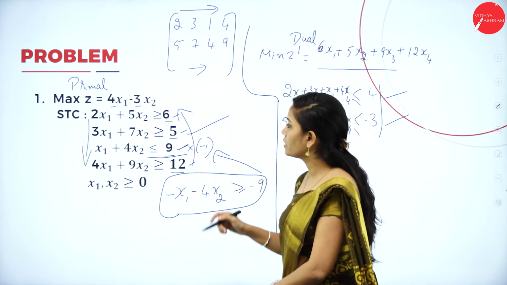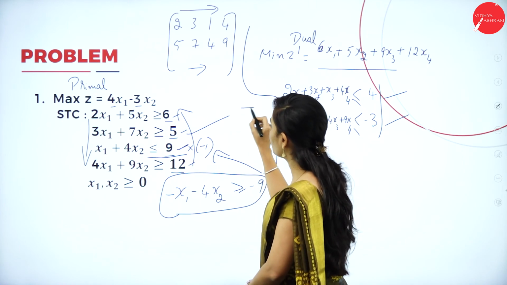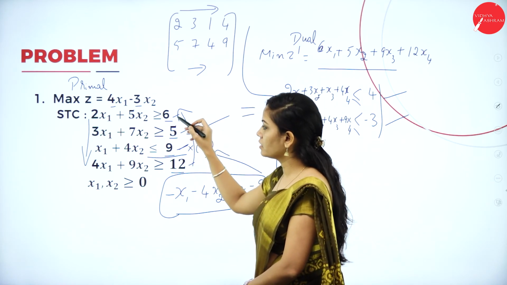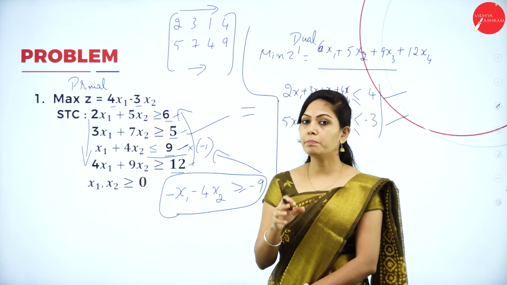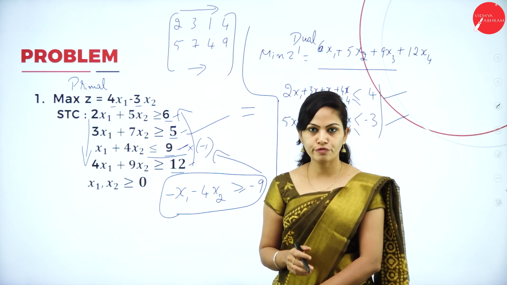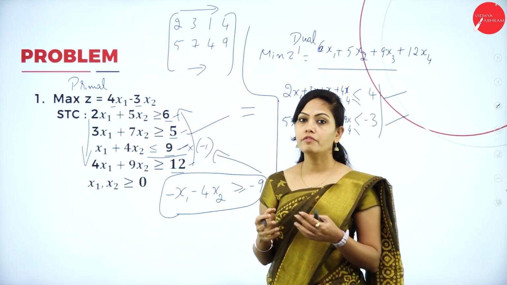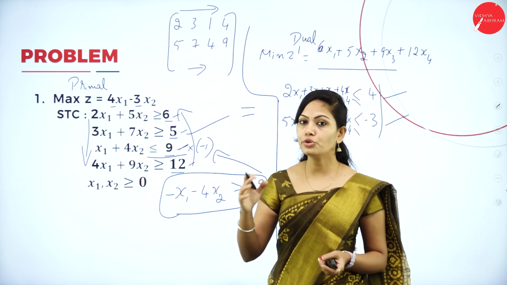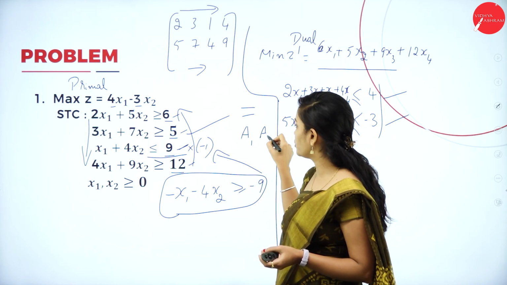Sometimes in a constraint you will get less than or equal to, greater than or equal to, or equal sign. In the big M method and two-phase method, if you get an equal sign in a constraint, we add an artificial variable. But in primal to dual conversion, you are not supposed to add the artificial variables A1, A2.